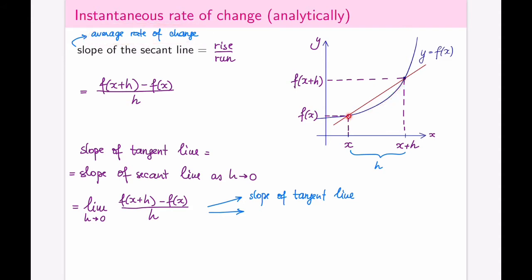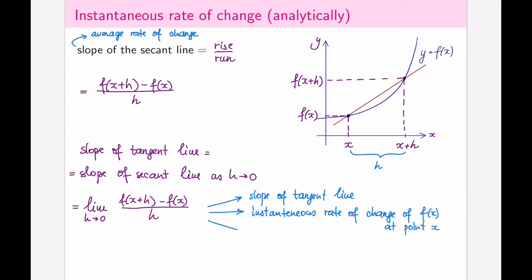Secondly, we've started with the average rate of change being computed between 2 points, and we've moved the 2 points close together to now represent the actual rate of change at that point, which means that this corresponds to the instantaneous, in the instant, rate of change of the function f of x at point x.